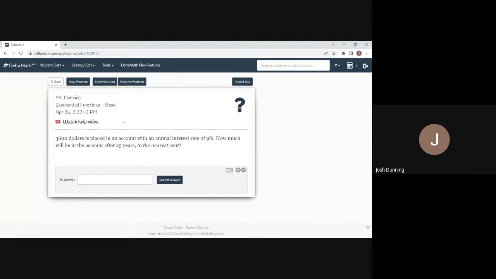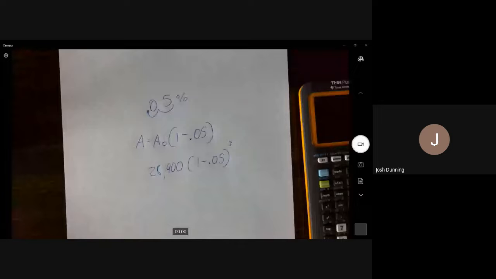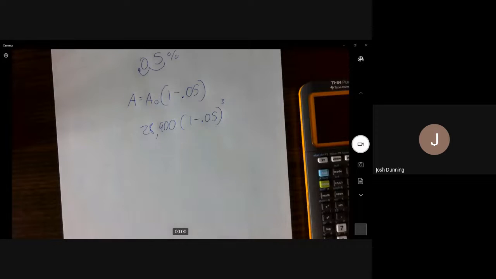Okay. Now we actually have to fully do these. So let's see here. Now this question says $3,600 is placed into an account with an annual interest rate of 9%.